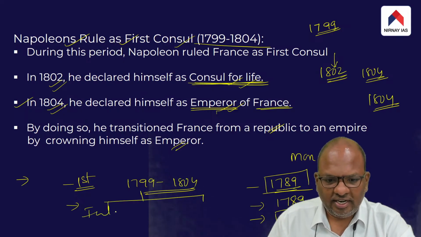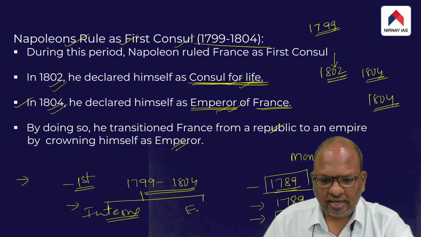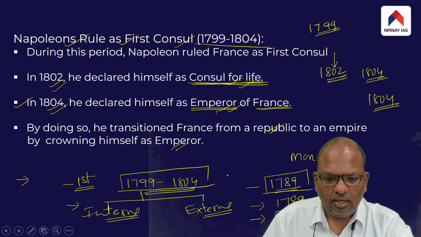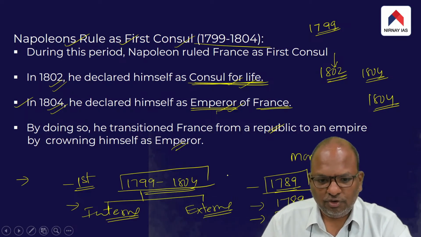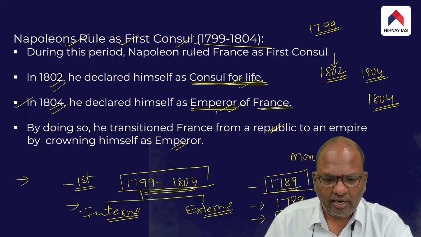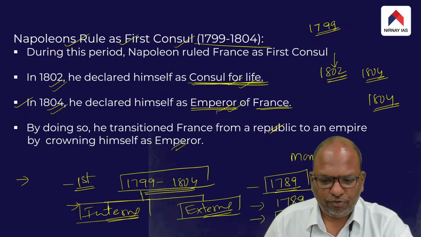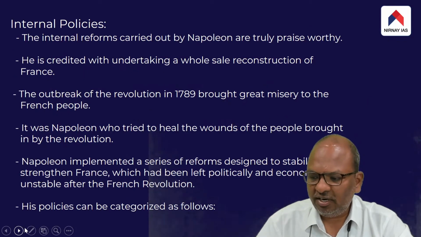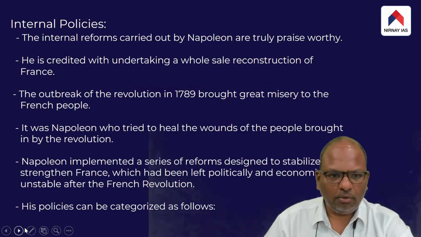One is the internal reforms, and the second is the external reforms. Let us first discuss the internal reforms. Later, we will proceed and discuss the external reforms as well.